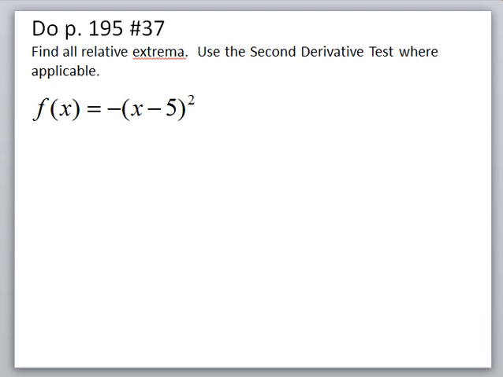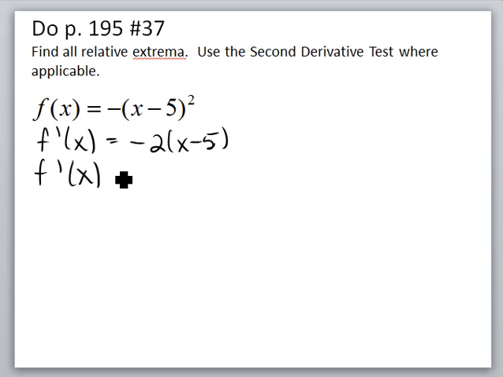So what we're going to do is find the second derivative. So let's see here. The first derivative ends up being -2x minus 5, and I'm going to distribute this, so I get -2x plus 10.